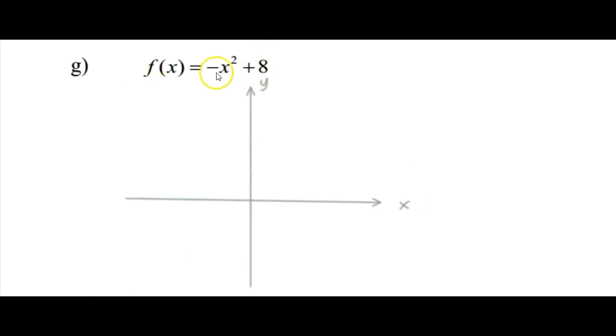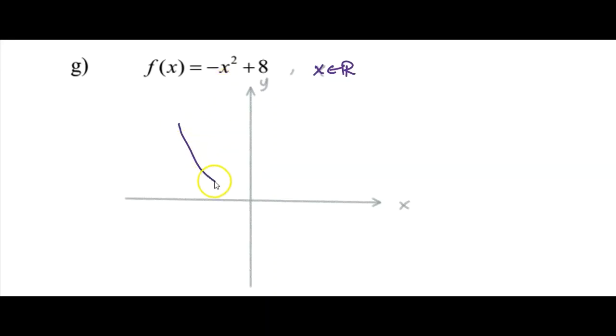For this function, -x squared plus 8, because the function did not state the domain or any special condition, the domain will be from negative infinity to positive infinity, meaning that x will be all the real numbers. This graph is very simple because we can sketch it using the transformation approach.